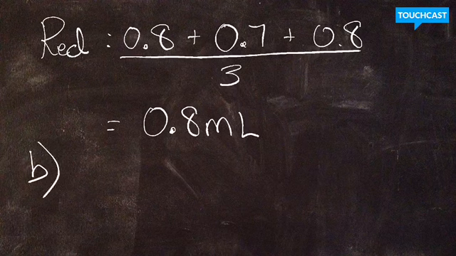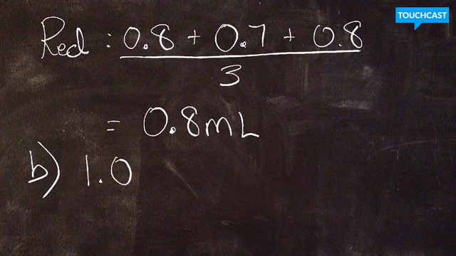It wants you to calculate the center of that bandwidth. The thing that you have to remember is that when you calculate the center of the bandwidth, it took 1.0 milliliters to even start seeing the red come out. So in order to calculate the center of the bandwidth, you have to include the starting volume, which if you look back at trials 1, 2, and 3, they all pretty much started at about 1 milliliter.